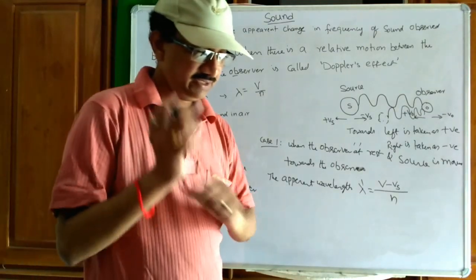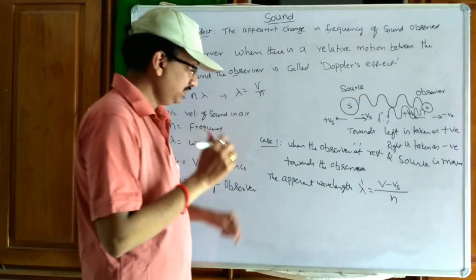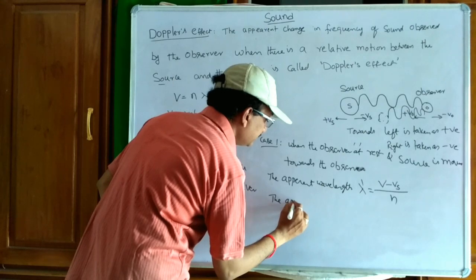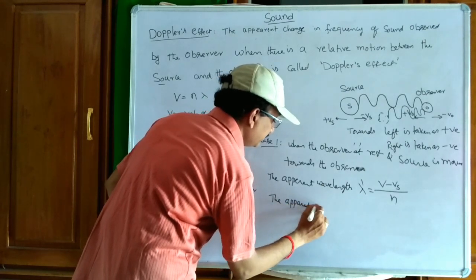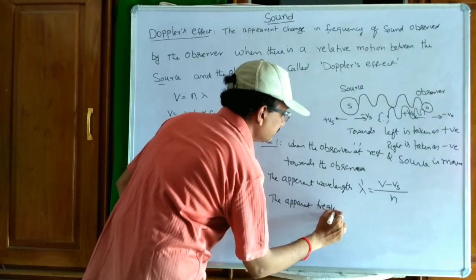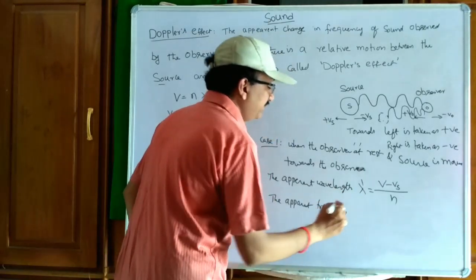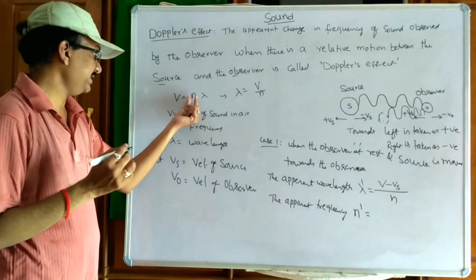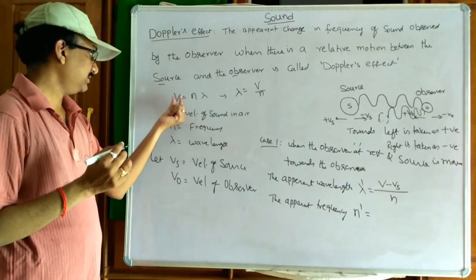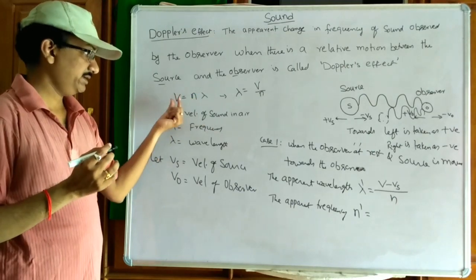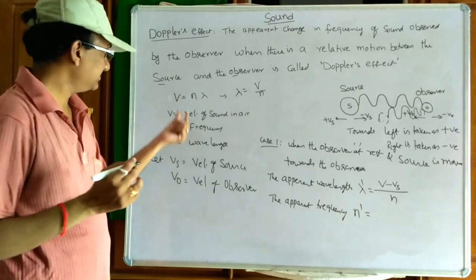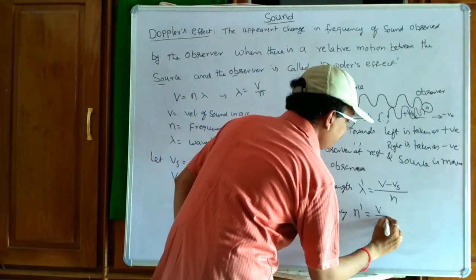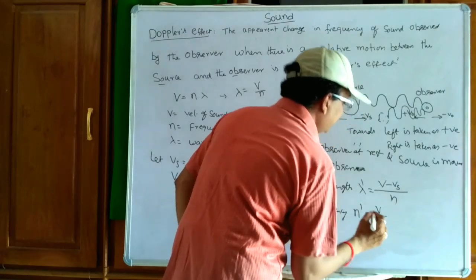Lambda dash. Then the apparent frequency, N dash is equal to, if I take an N here, that means V by lambda dash. That means from this equation, this is V by lambda dash.